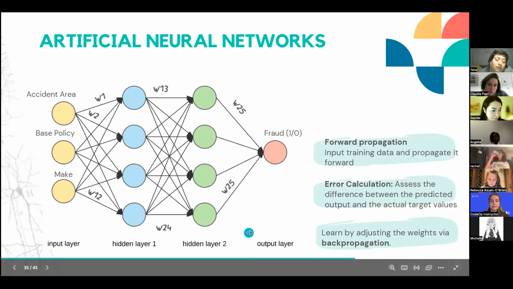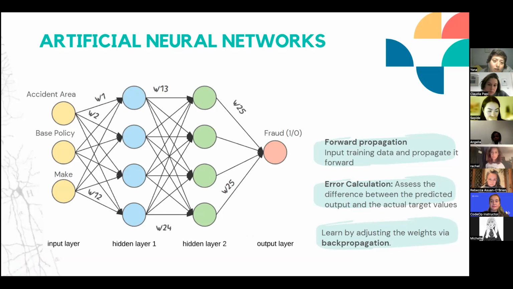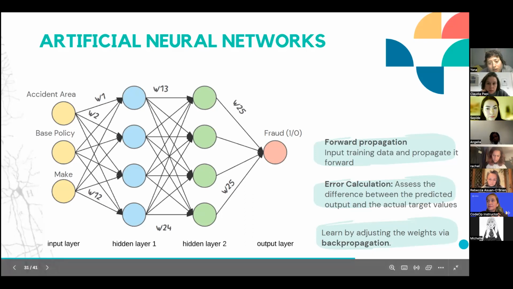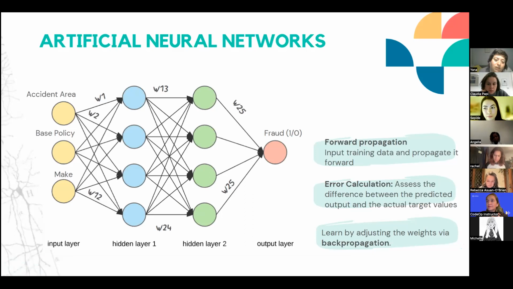So what happens is you feed the model the features, it then assigns weights and biases through the forward propagation. Then once it reaches the output layer, it calculates the error and sort of assesses the difference between the predicted and expected, and then propagates back to reassign those features.